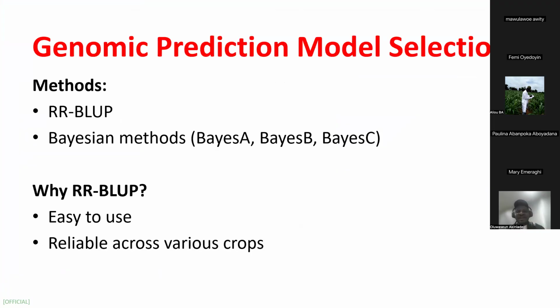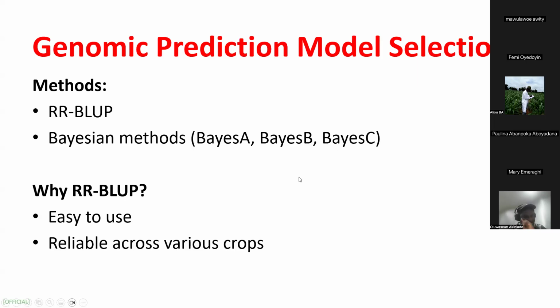So now we have our data, which you get if you have real data, and so now you have phenotype, you have genotype. What then next is to select the model method. I'm going to use RR-BLUP, and I will use one Bayesian method.